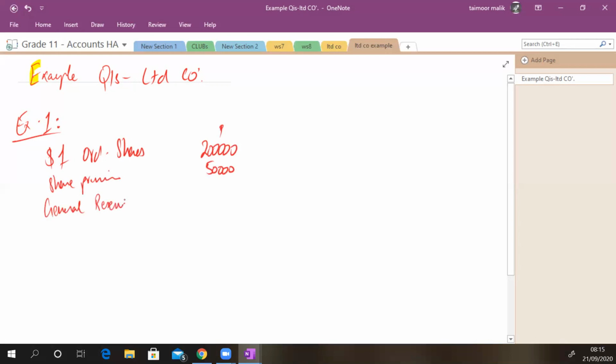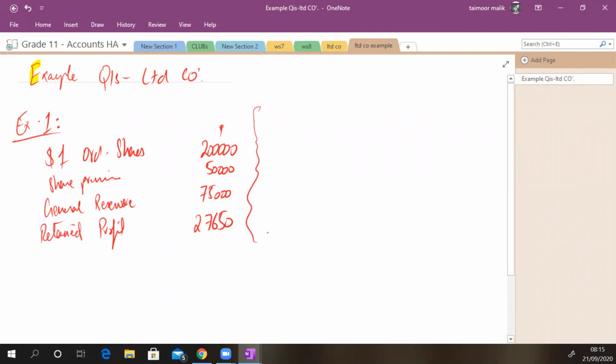General reserve of that company 75,000. And retained profit of a particular company is 27,650. Okay. You're looking at a sample question. This is just an example.